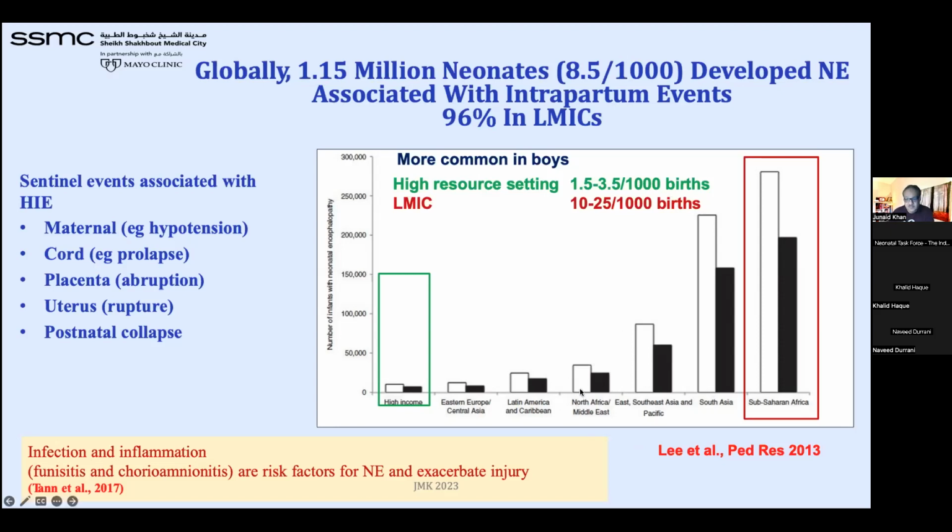So we should keep in mind that there must be some relation to the genes or the incidence or the severity of the disease in our population as compared to the others. The sentinel events associated with HI are maternal hypotension, cord prolapse, placental abruption, uterine rupture, and postnatal collapse. In addition to that, infection and inflammation.